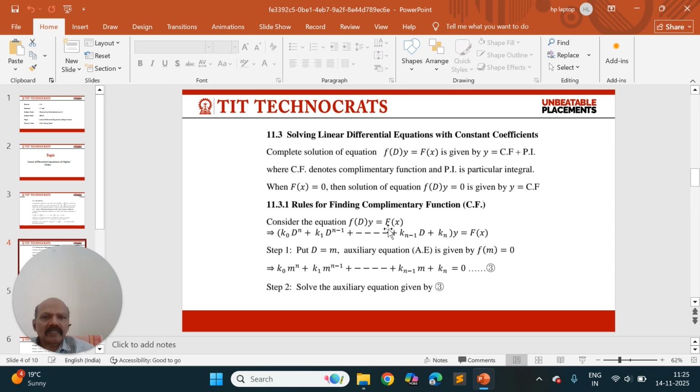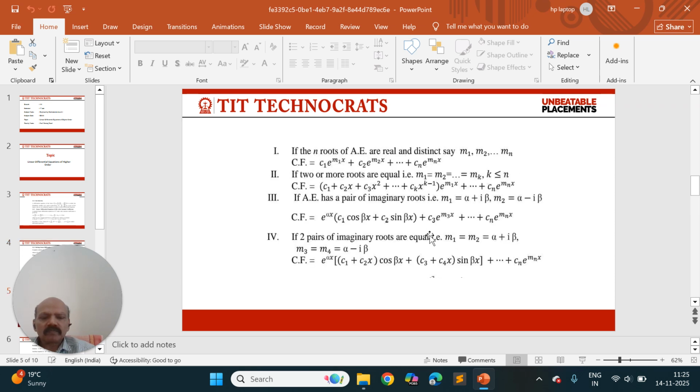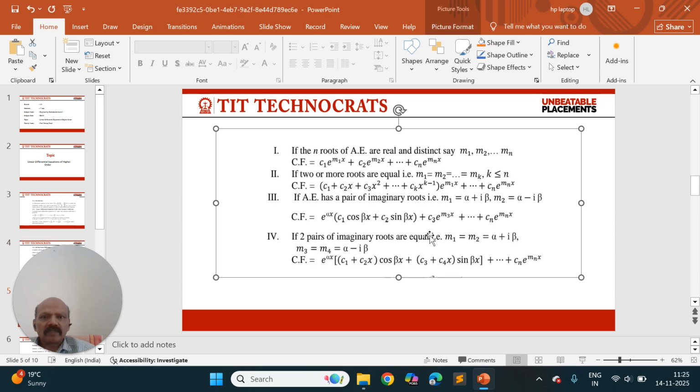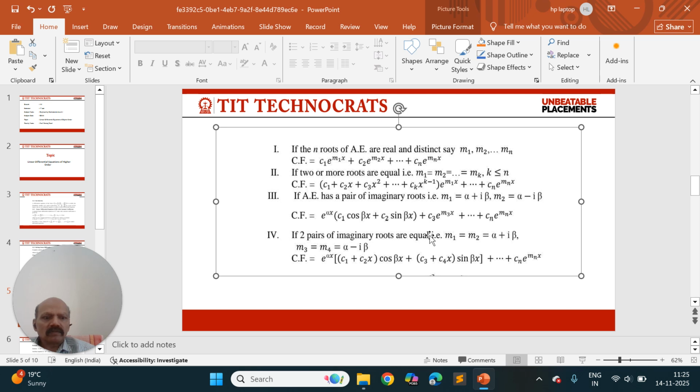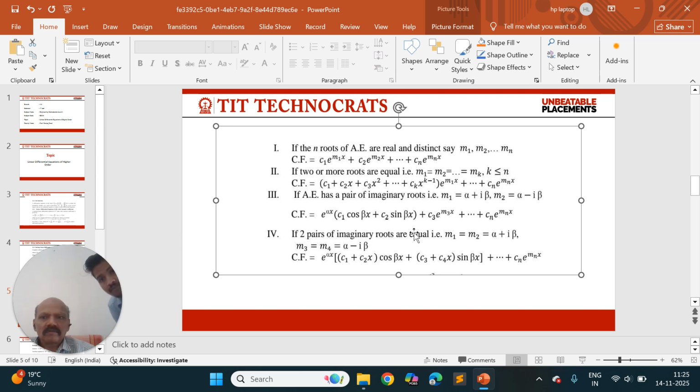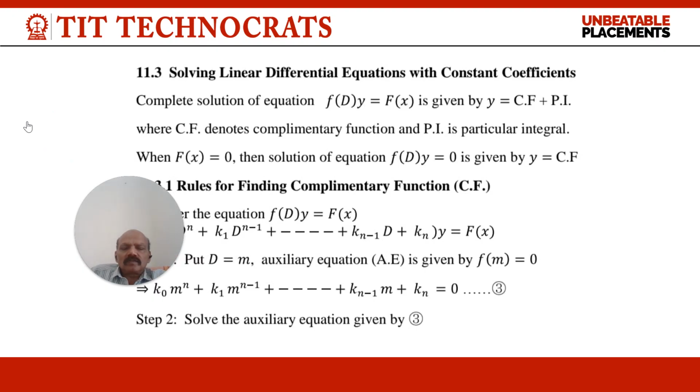First of all, put f of x is equal to 0 and then find the polynomial equation of left hand side and find the root. So now when right hand side f of x is equated to 0, then we get k0 m raised to n plus k1 m raised to n minus 1 and so on.